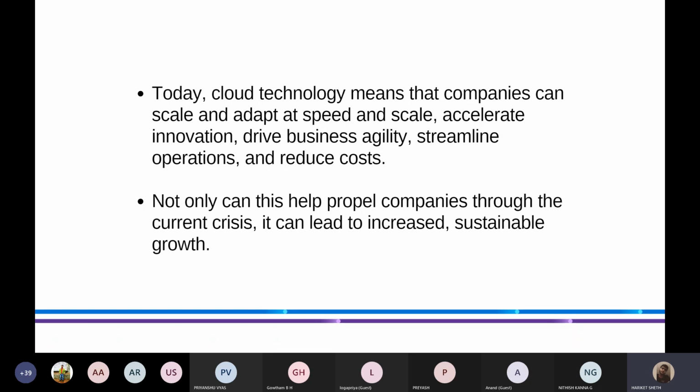So today, cloud computing means that companies can scale and adapt at speed and scale. They can accelerate their innovation, drive their business agility, streamline their operations, and reduce costs. All of these advantages are provided by cloud computing. It also helps you through the current crisis you are facing during COVID-19, where most companies are facing cost cutting and people have to work from home.